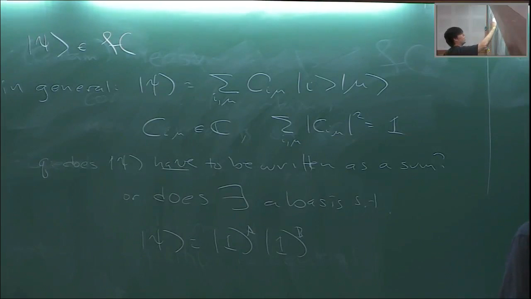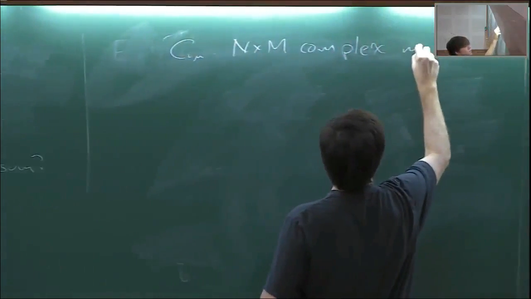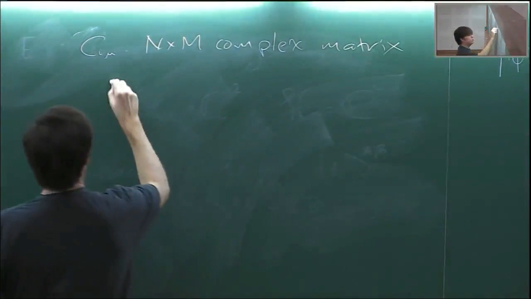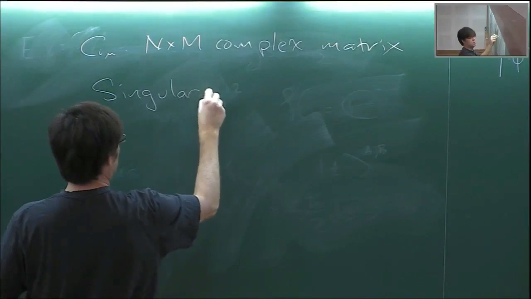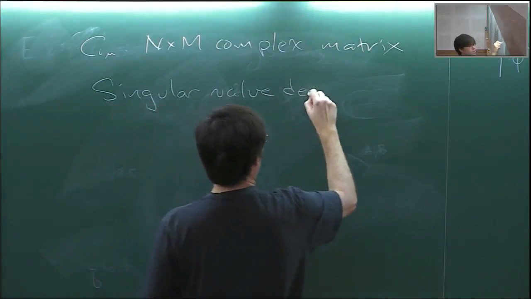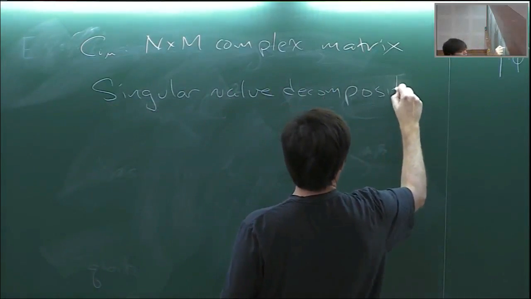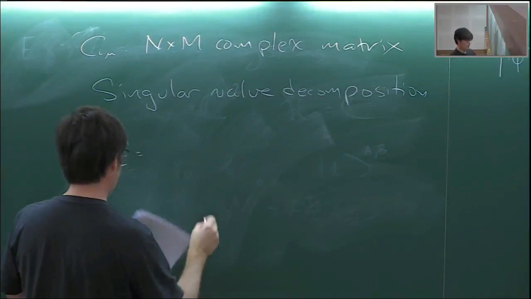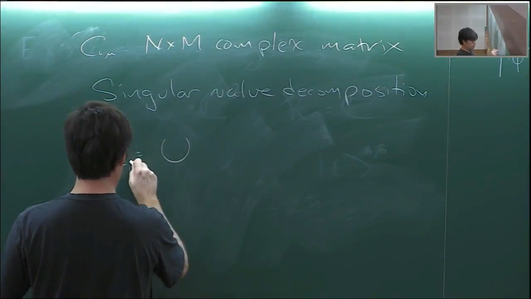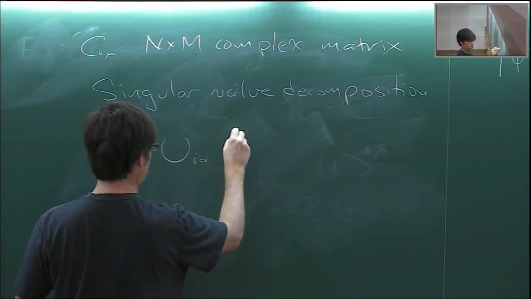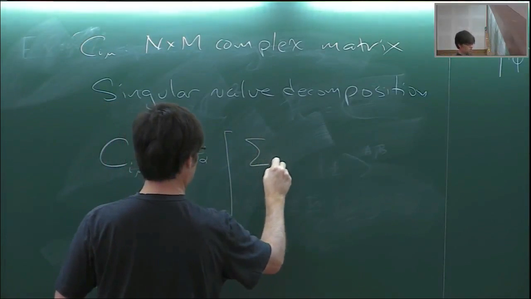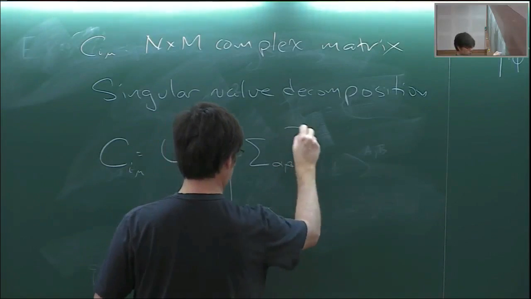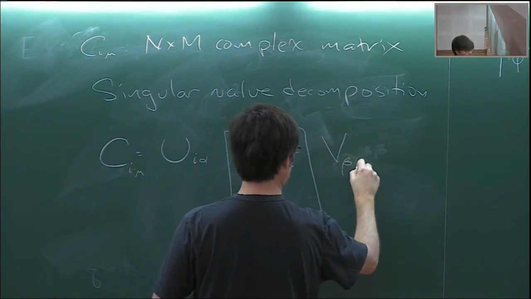I can think of C_i mu as an n by m complex matrix. So I can do a singular value decomposition, by which I mean that I can write C as an n by m matrix as U_i alpha sigma_alpha beta V_beta mu.